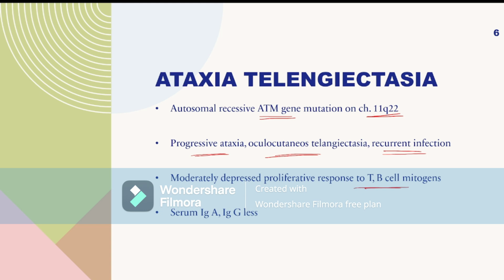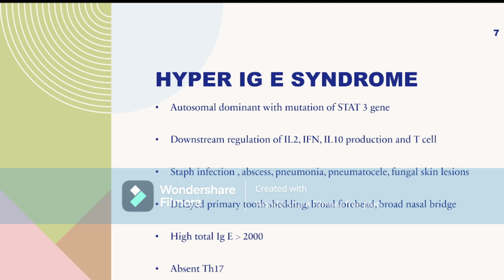So there is a decreased amount of B cell and T cell production due to the gene defect, and serum IgA and IgG are low. These all are MCQs.